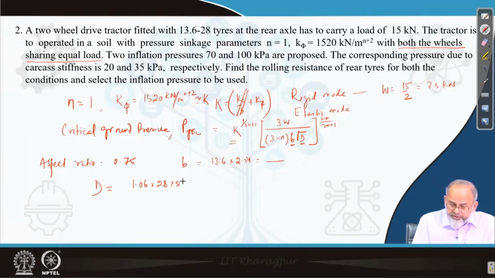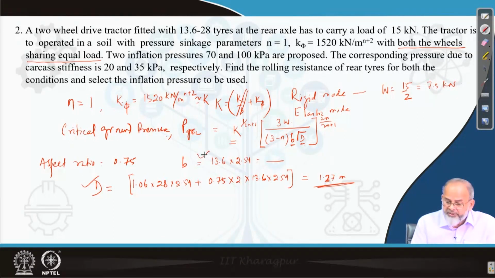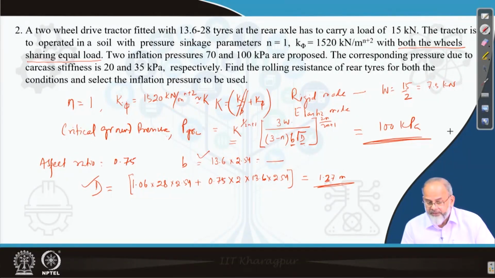This is in inches, so I have to convert it into centimeter or meter, plus 0.75, which is the aspect ratio, into 2 into 13.6, and this is in inches, so again multiply with 2.54. That way we will get a diameter of 1.27 meter. Okay, so d is now calculated, b is calculated. Now, substituting here, and the exponent of sinkage is given, this comes out to be 100 kilopascal critical ground pressure.